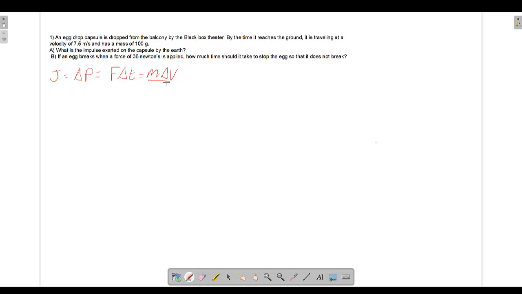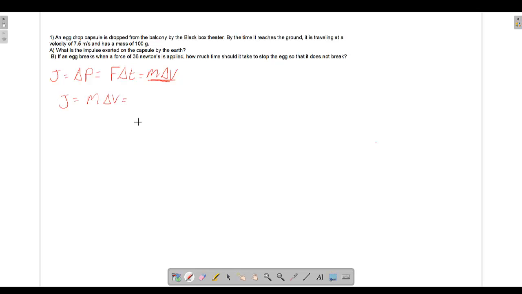So we can use this part of the equation to calculate the impulse. We can call this the impulse of the Earth because when you drop it, the Earth is the thing outside the system exerting the force on the capsule. So simply put, J is equal to M delta V.